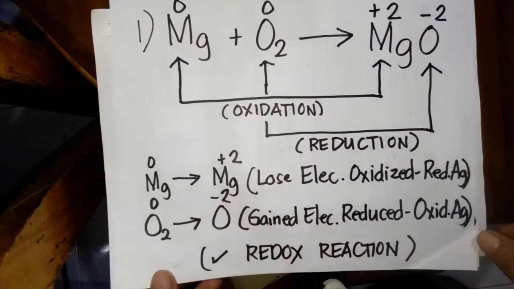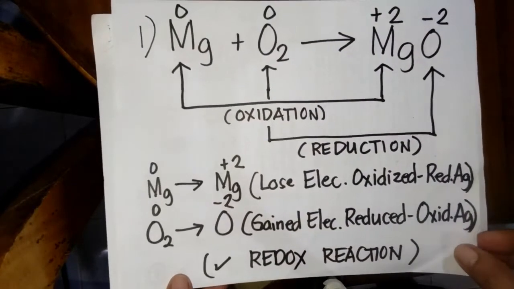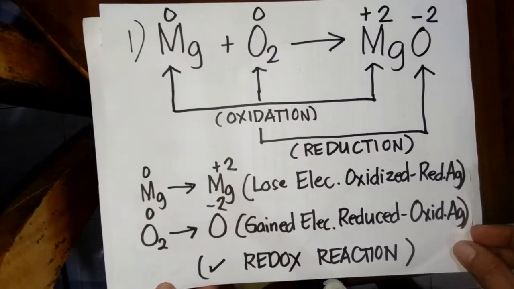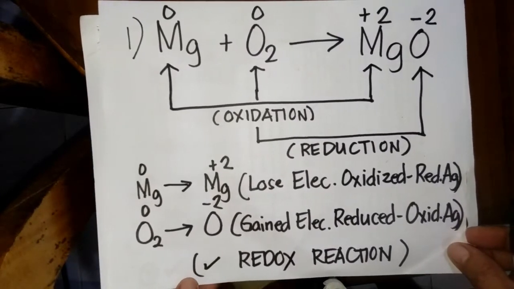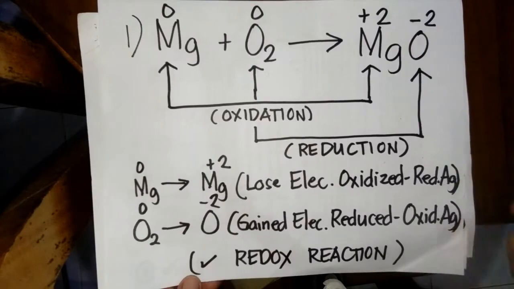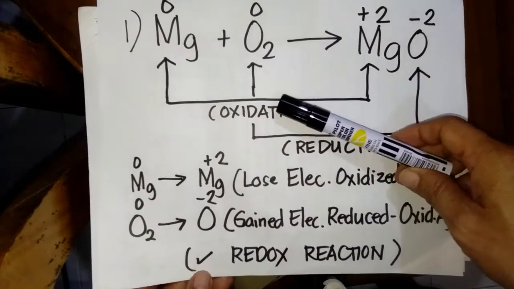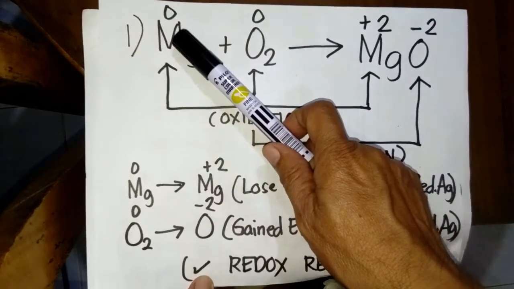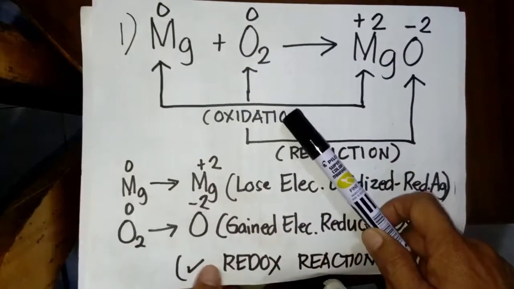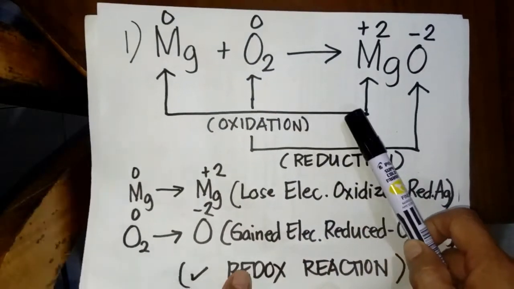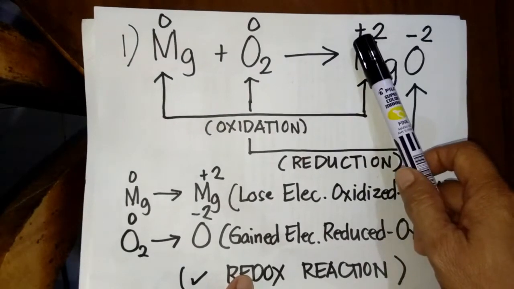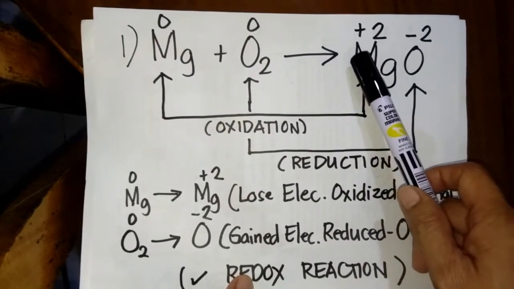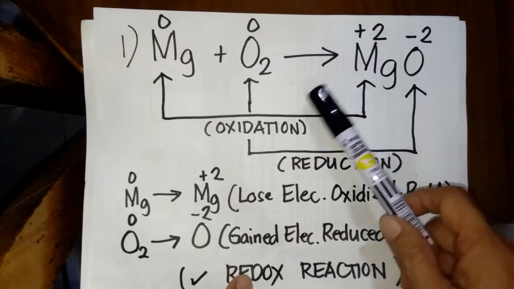Okay, so here is an example. If there is a change in oxidation number, we can determine if it is redox. So we can see here that the magnesium has an oxidation number of 0, and then it changes to positive 2.